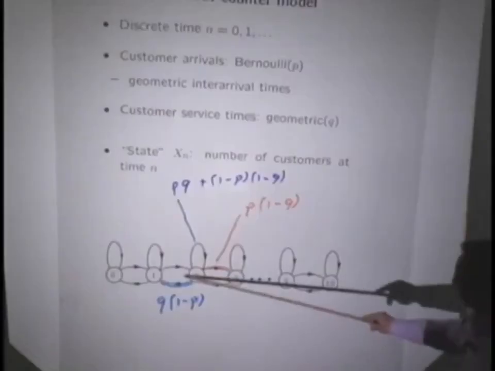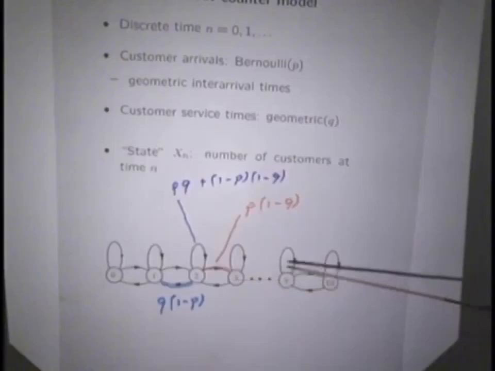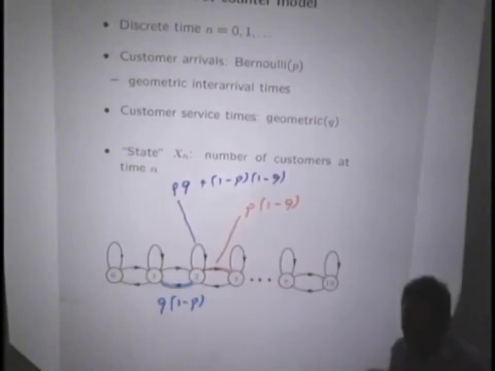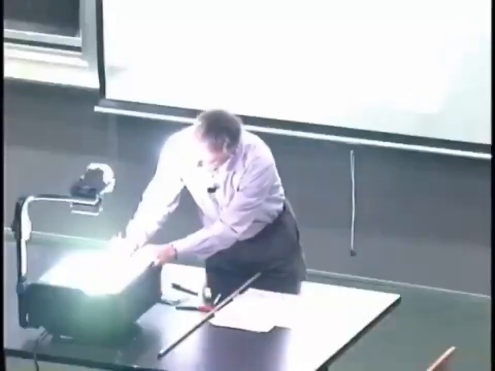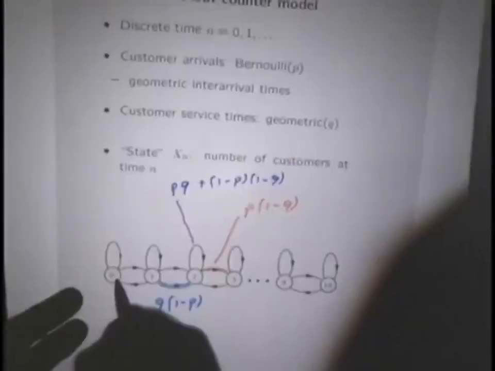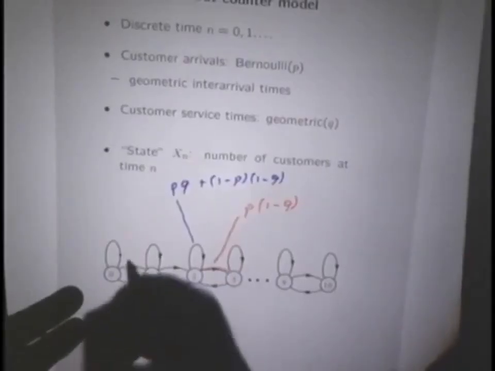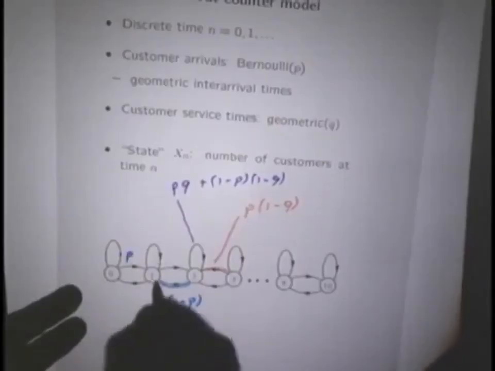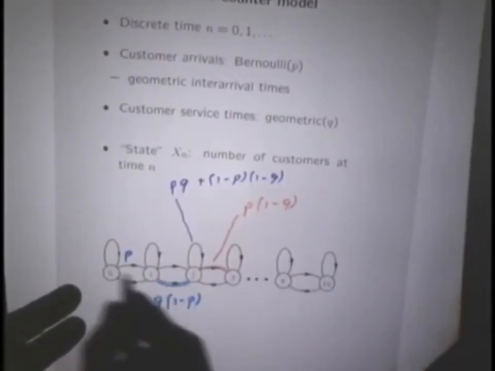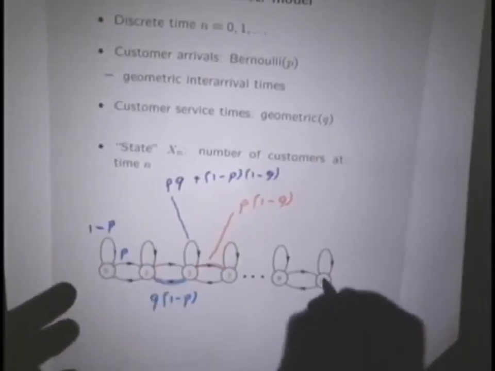So these transition probabilities would be the same starting from any other state, state 3 or state 9 and so on. Transition probabilities become a little different at the borders, at the boundaries of this diagram, because if you're at state 0, then you cannot have any customer departures. There's no one to be served. But there is a probability P that a customer arrives, in which case the number of customers in the system goes to 1, and probability 1 minus P that nothing happens.